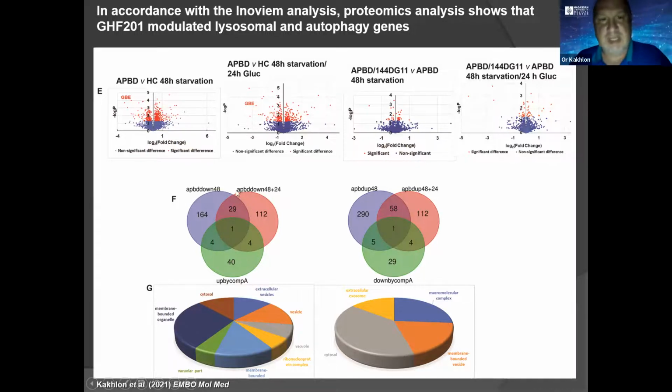And so these proteins are down-modulated by the disease and up-modulated by GHF201. And here inversely, you have proteins which are up-modulated by the disease, and inversely down-modulated by the compound, by GHF201.